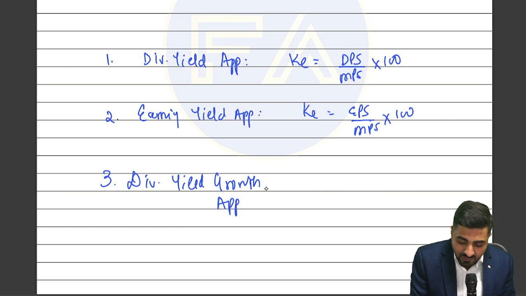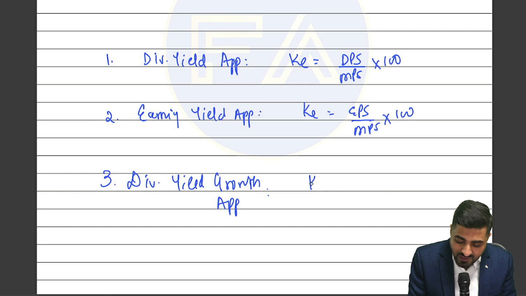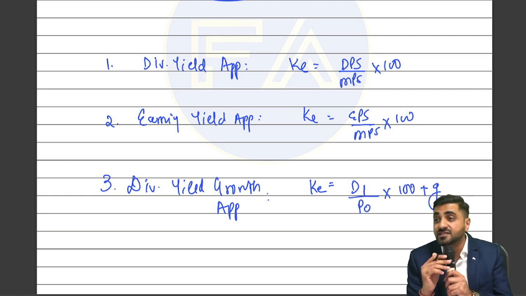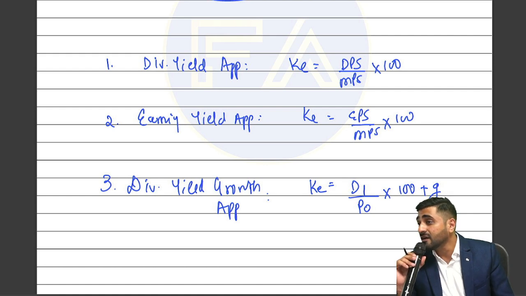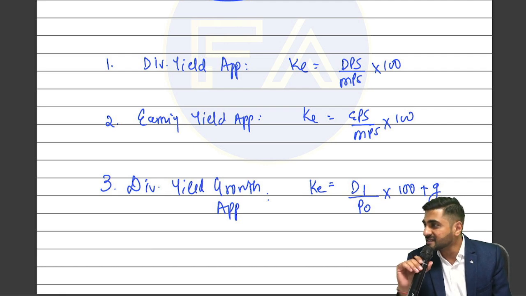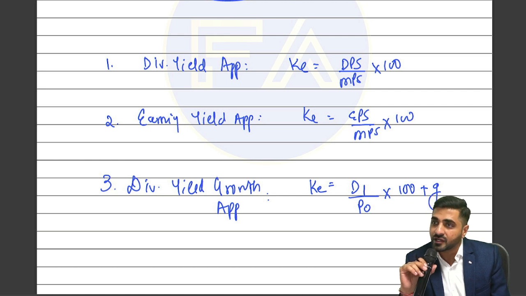The formula for KE is D1 upon P0 into 100 plus G. You can also leave the answer in decimals, but then you have to multiply by 100 to get KE. Up to you.